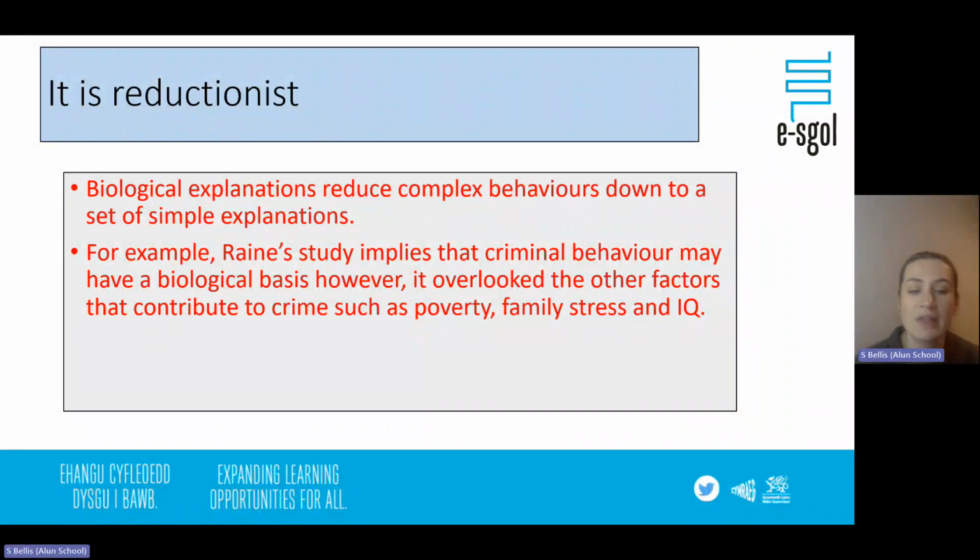What's their IQ? What are their friends like? How much money do they have in the family? It's all things like that that could give us more insight into their behaviour. But Rain and the biological approach didn't look at that. He just focused on the biological aspects, and that's why it's reductionist.